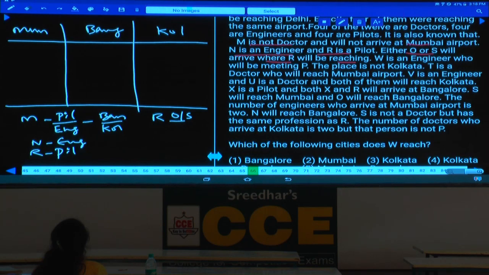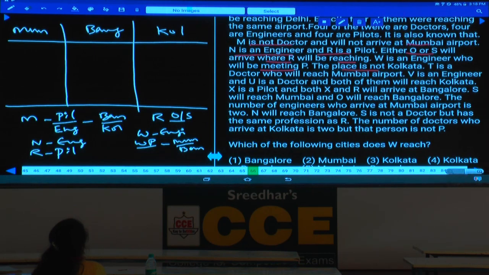W is an engineer who will be meeting P. W and P are meeting at the same airport, and the place is not Kolkata. As this place is not Kolkata, it could be either Mumbai or Bangalore.